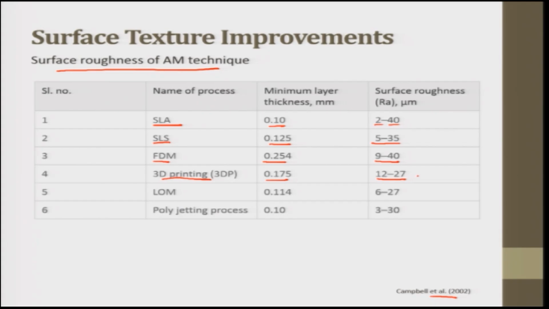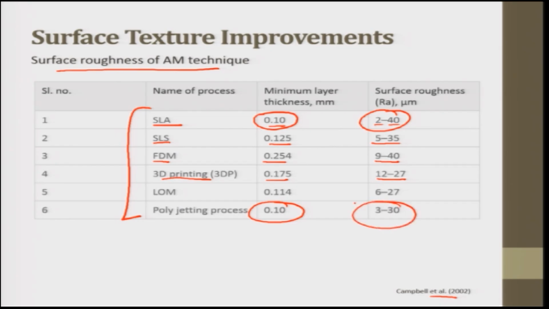We can see that in these processes, the minimum thickness obtained is in SLA and polyjetting processes, and the minimum surface roughness possible is for SLA and polyjetting again.